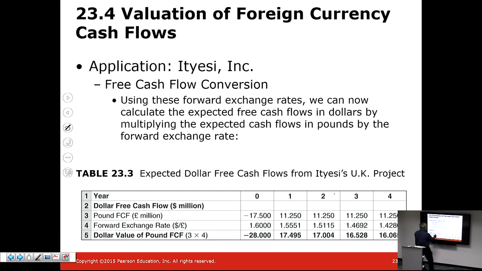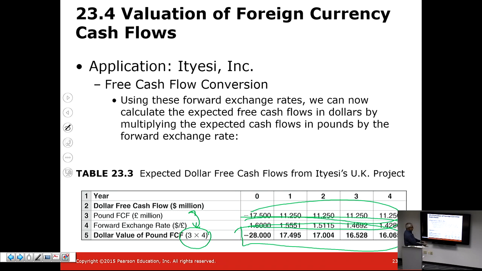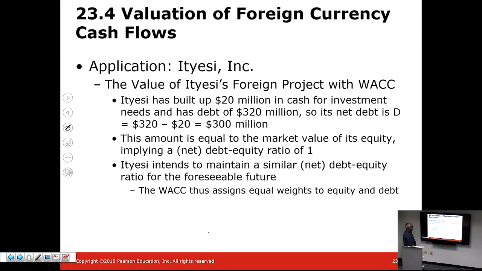Once I have the forward rate, so I have the pound cash flows, and I have the projected forward rates, then I calculate the dollar value by multiplying these two. By multiplying those two, I get the dollar value, and then it's just a matter of putting it into a financial calculator.